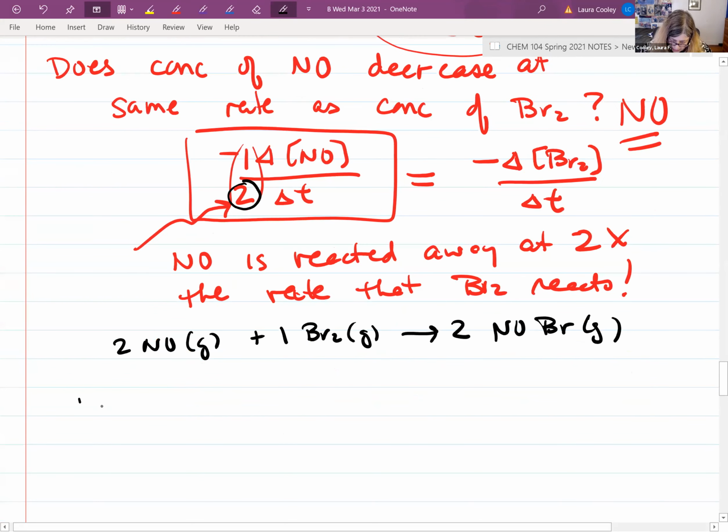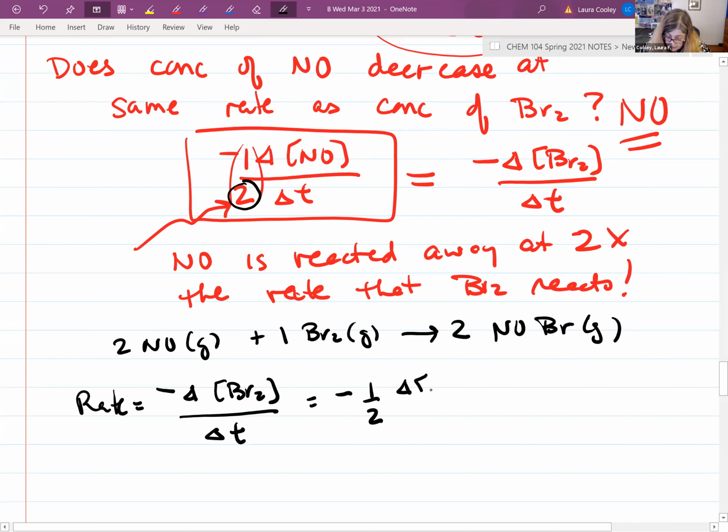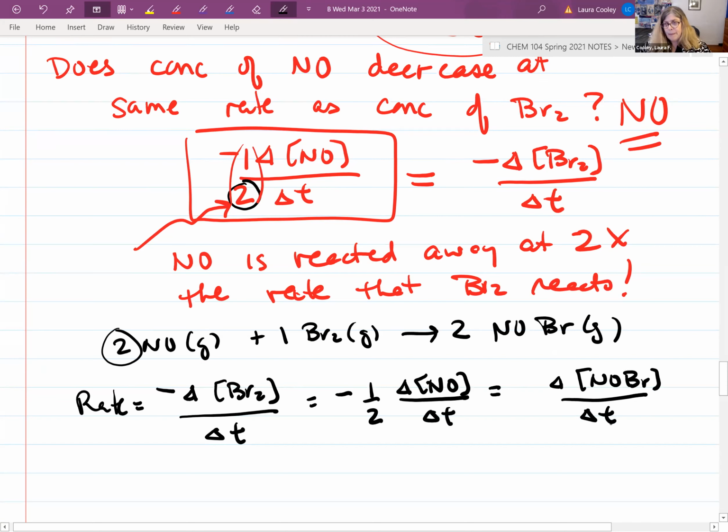Okay, the rate is the negative of the change in Br2 concentration over the change in time. It's minus 1/2 the change in NO concentration over the change in time because of that 2 there. And what about the change in concentration of NOBr over the change in time?